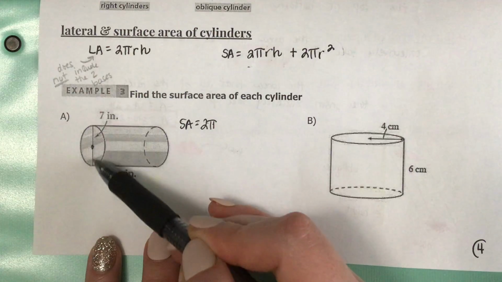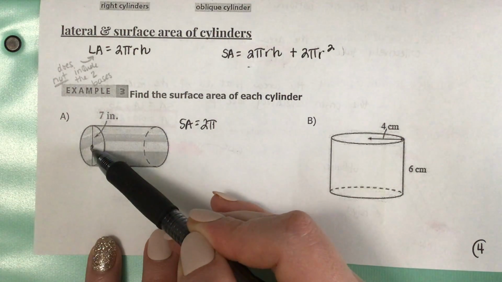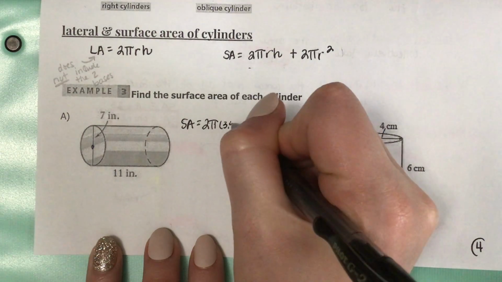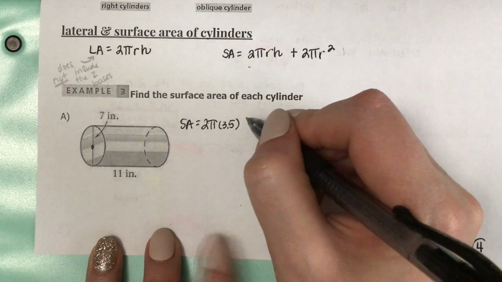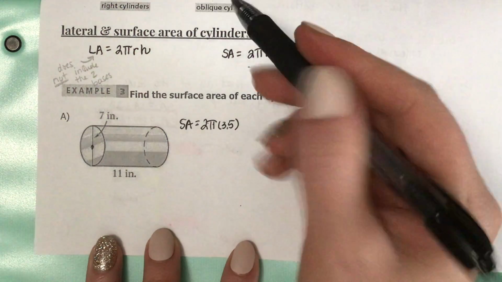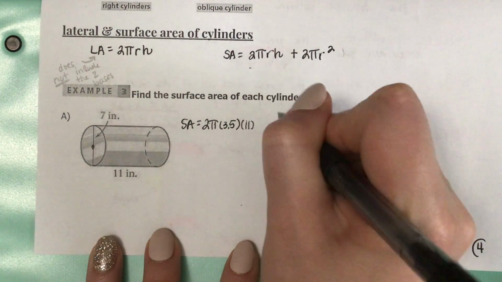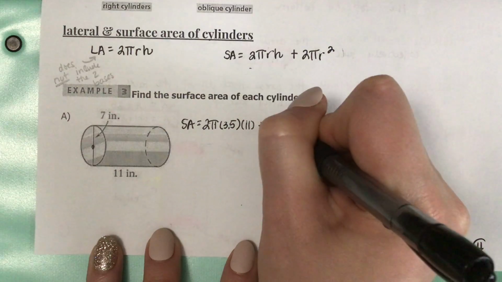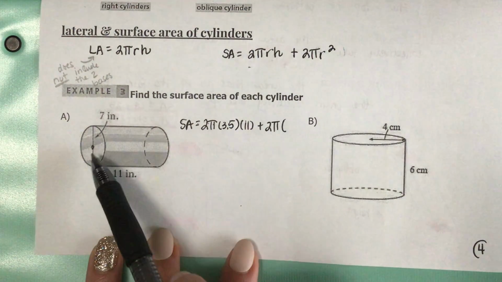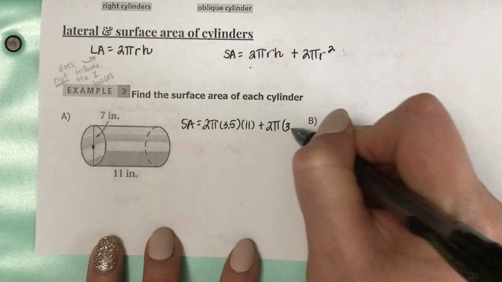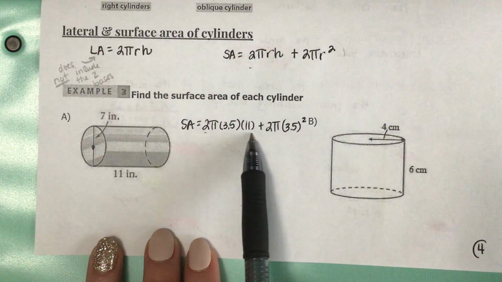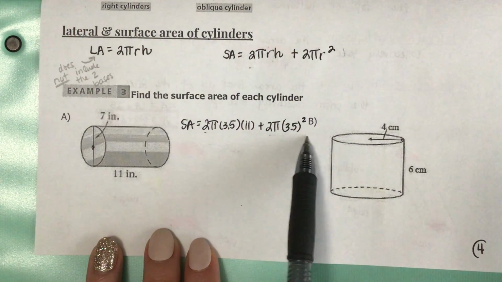So this 7 is representing the whole diameter. So radius would be half of that, which is 3.5 times the height. Now the height, because the cylinder is on its side, is going to be 11. And then plus 2 times pi, and then the radius squared, which will be 3.5. So we're saying this is the lateral area plus the two bases.